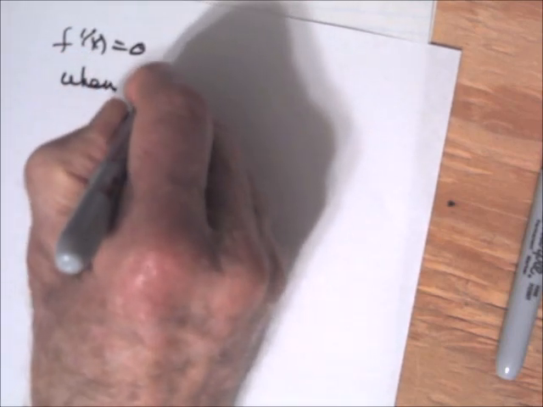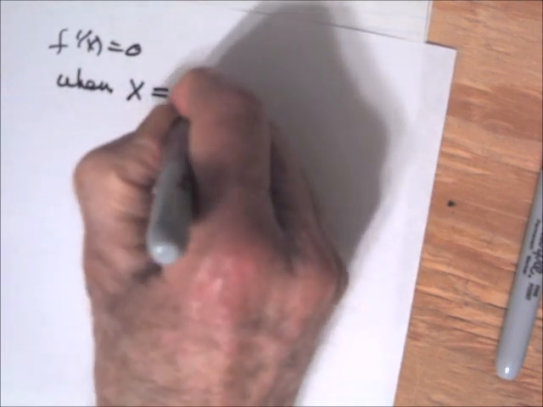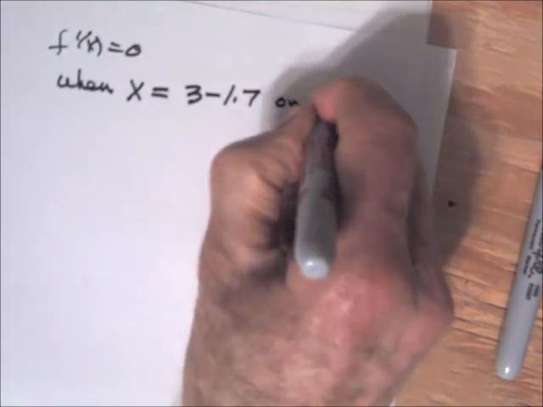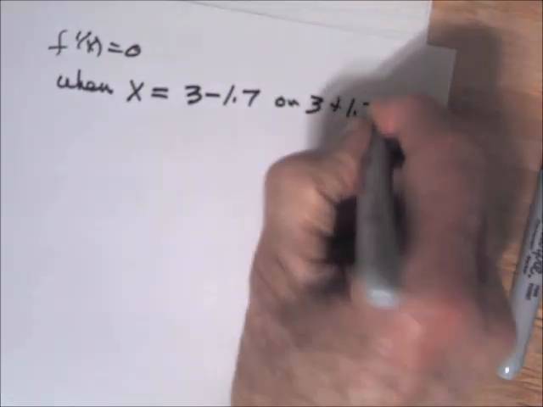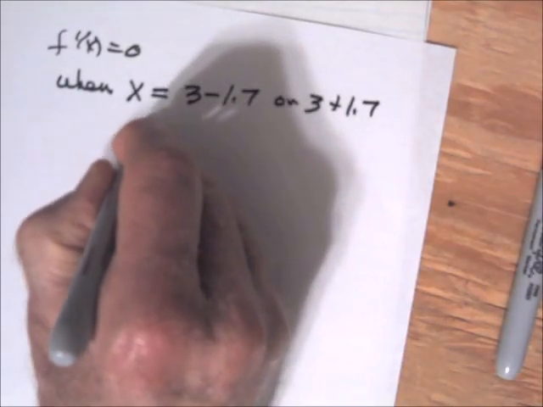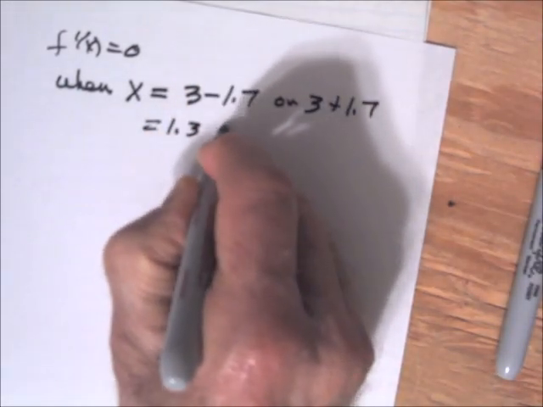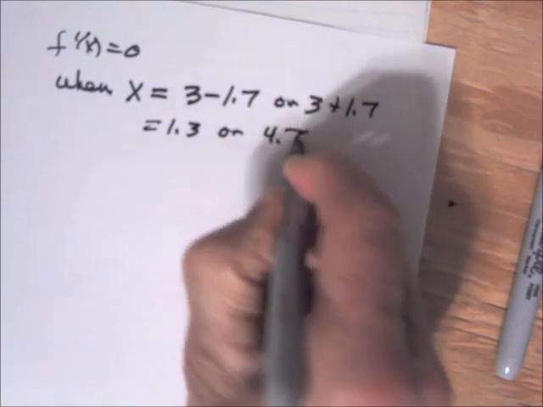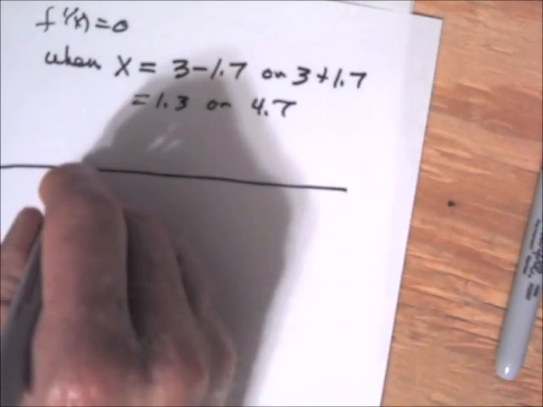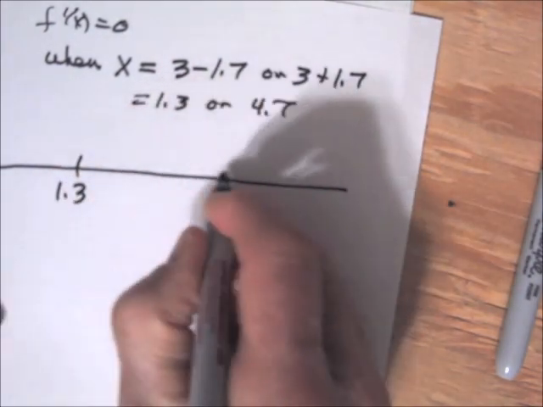So f prime of x equals 0 when x equals 3 minus 1.7 or 3 plus 1.7, and it's going to be 1.3 or 4.7, and then we can analyze the sign.